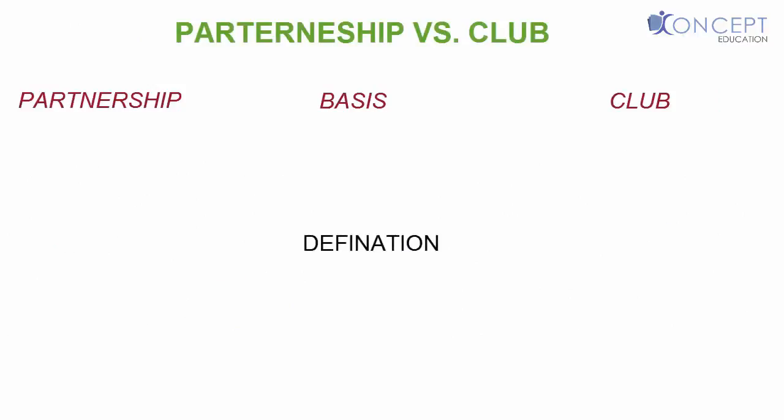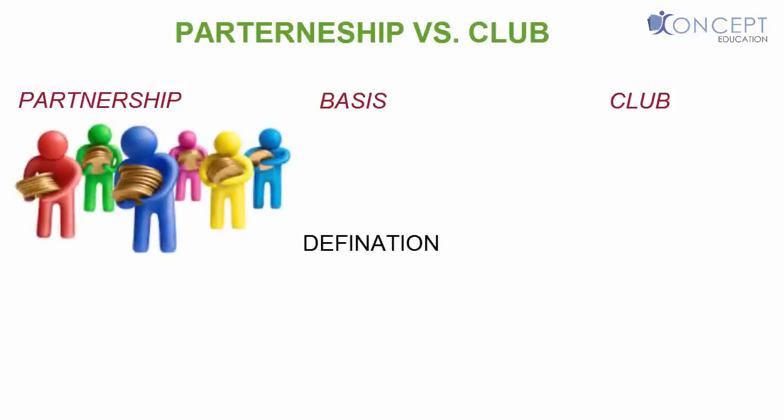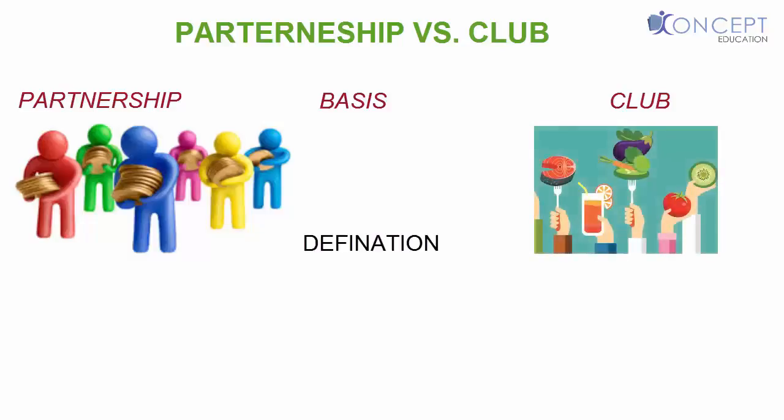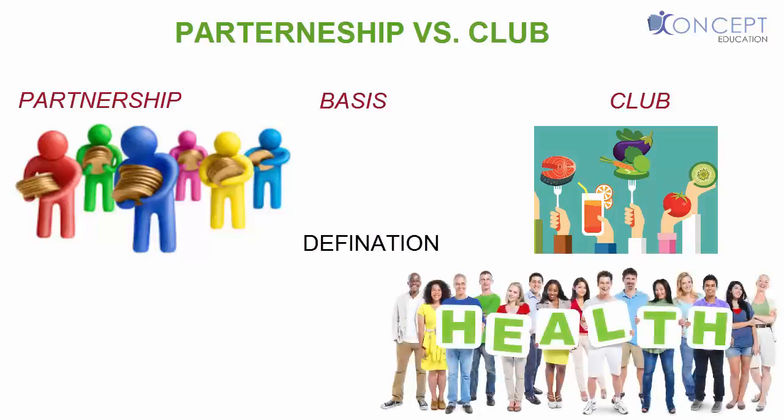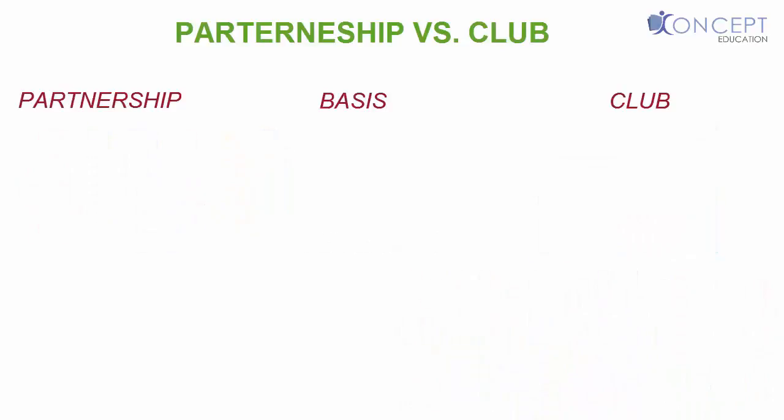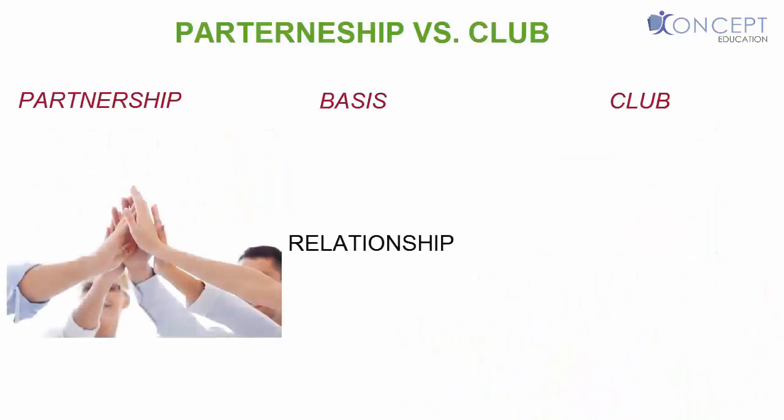Well, we all know that partnership is an association of persons formed for earning profits from a business carried on by all or any one of them, acting for all. But a club is an association of persons formed with an object not to earn profit but for promoting some beneficial purpose, such as improvement of health or providing recreation for the members. Persons forming the partnership are called partners, and a partner is an agent of another partner.